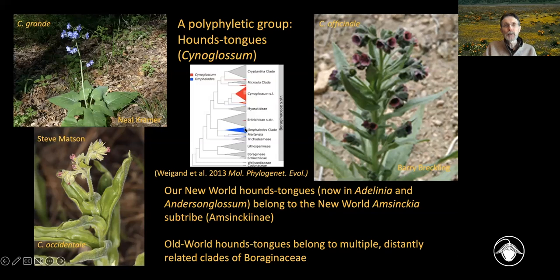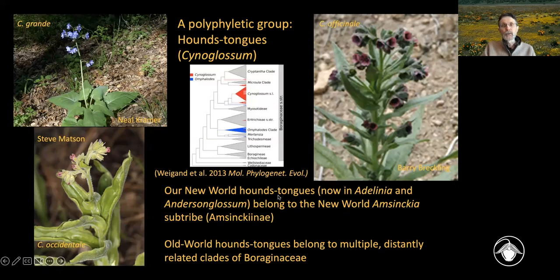As you can see, these colored groups here in red, there are several different groups representing Cynoglossum. So the traits that had been traditionally used to lump these plants together in a common genus independently evolved: these broad leaves and colorful flowers.